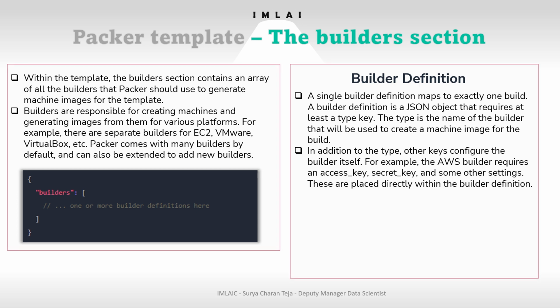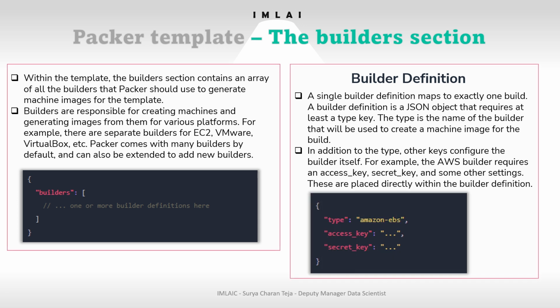These are placed directly within the builder definition. This is one example: for the AWS builder, the type of the service that you are going to use is Amazon EBS, Amazon Elastic Block Store, then you mention the access key and the secret key. This is how a simple builder definition looks in JSON format.